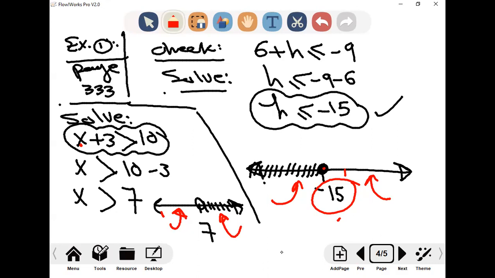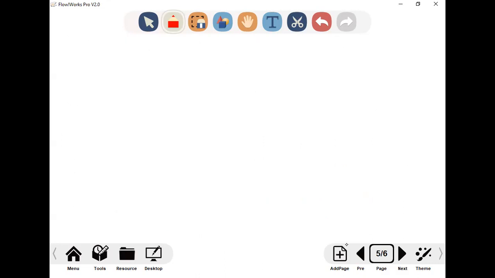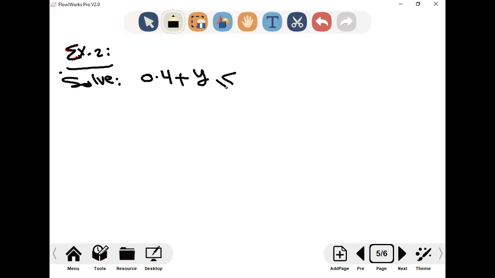Let's do example 2. We're on page 334. Solve 0.4 plus y less than or equal to negative 9.6.